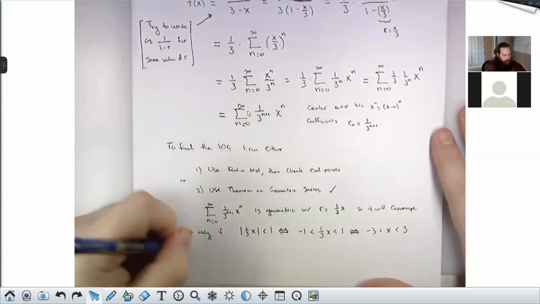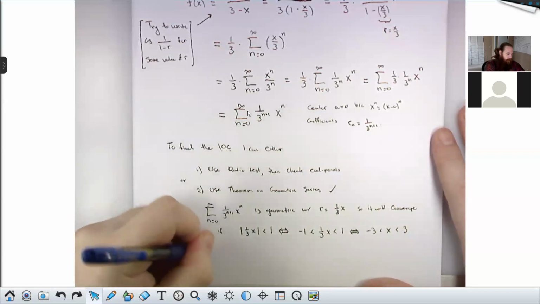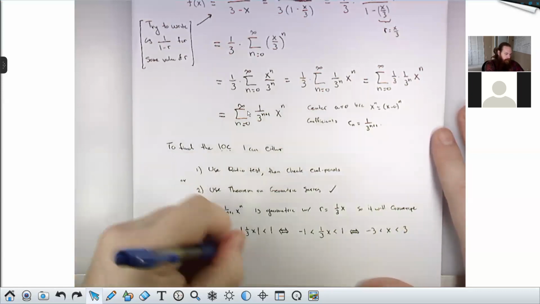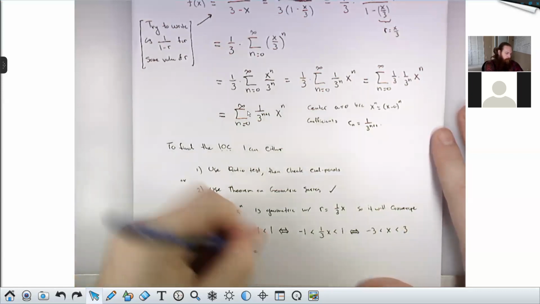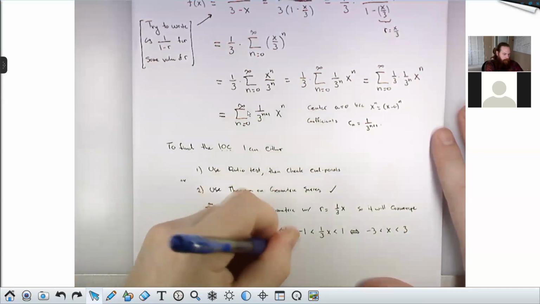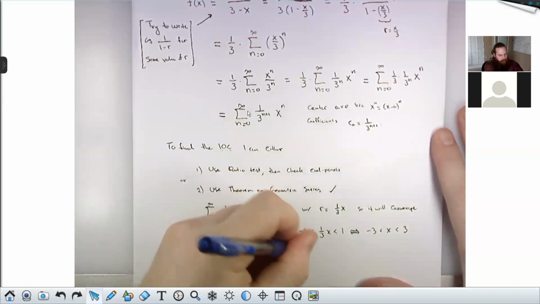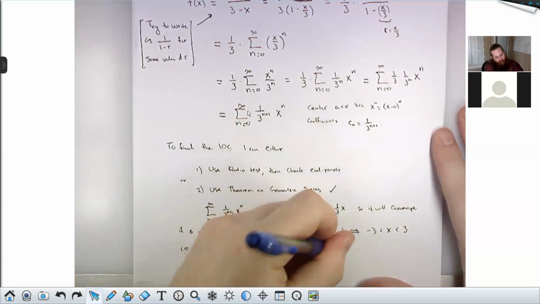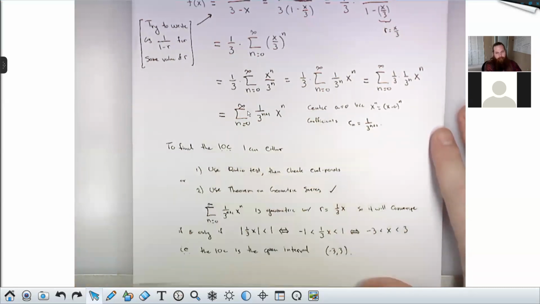That is, i.e., the IOC is the open interval -3 to 3.